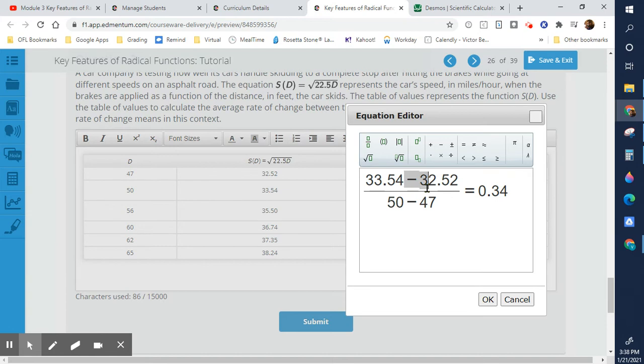So I'm just going to delete this part, and I'm going to put 35.50 minus, and I'm going to delete this part. The new became old, and then I'm going to put 56 minus that 50.